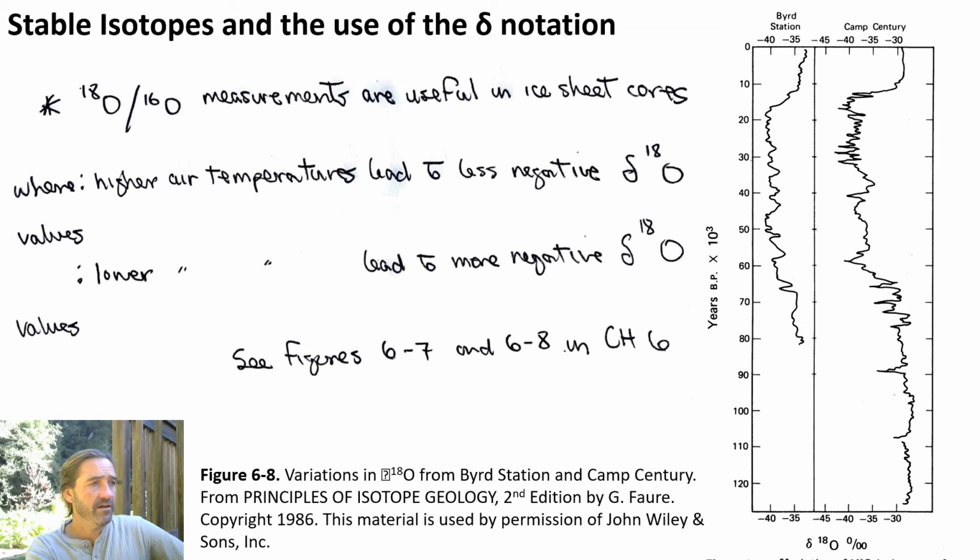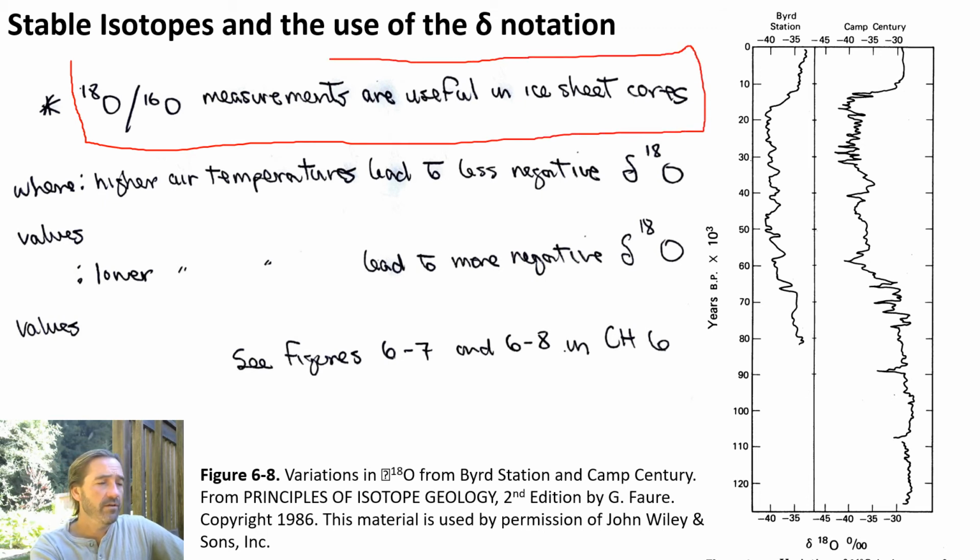So last, I just wanted to mention too that we use these oxygen isotopes in marine sediments to look at past climates. We can also do similar measurements in ice cores.